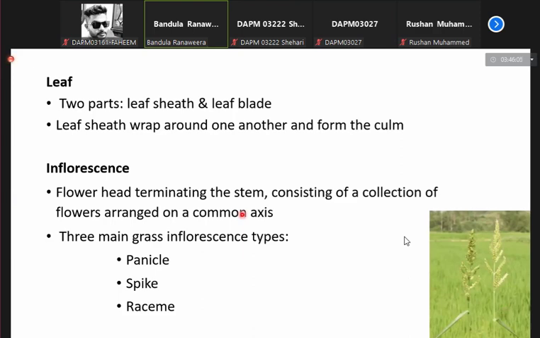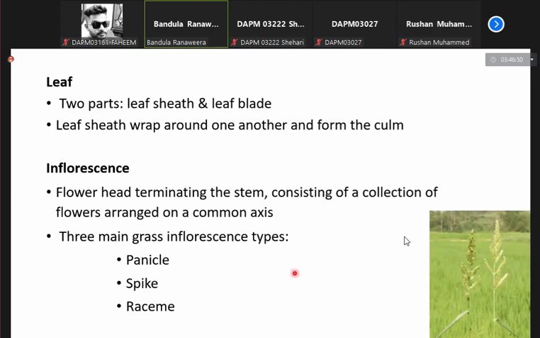After the pollination, inflorescence of grasses is terminating, or we call it the terminal end of the stem consists of inflorescence, the flower head. The arrangement is on a common axis.